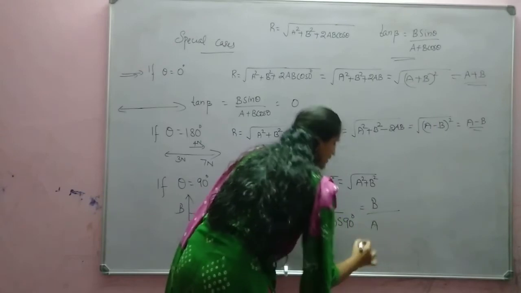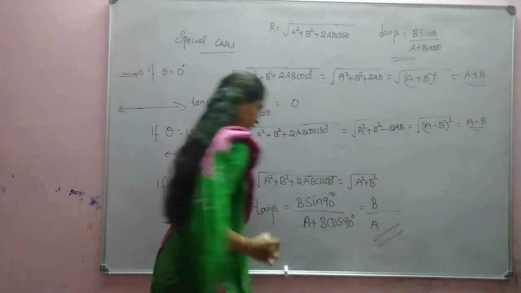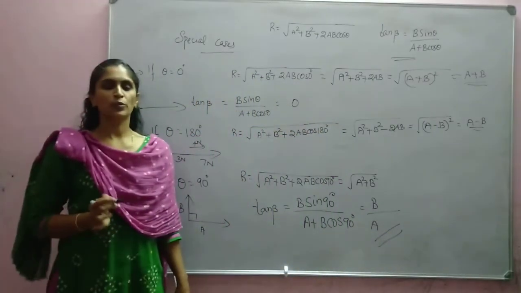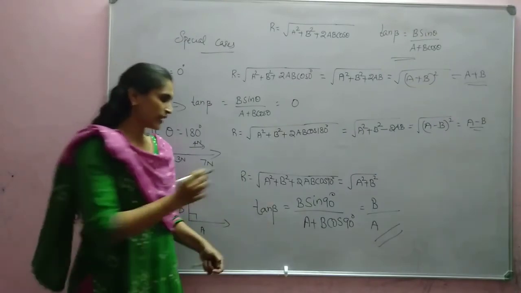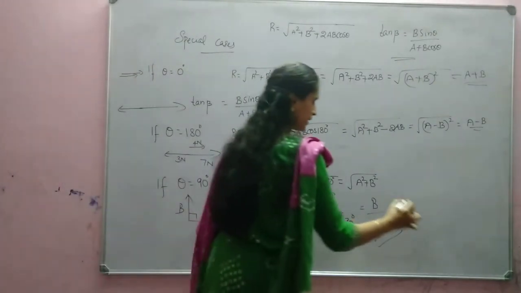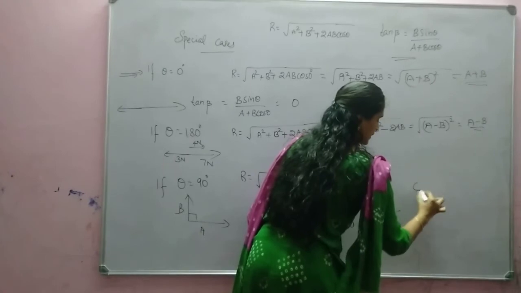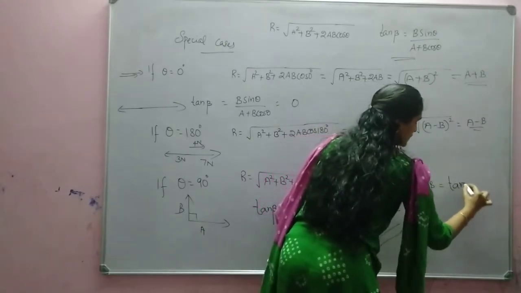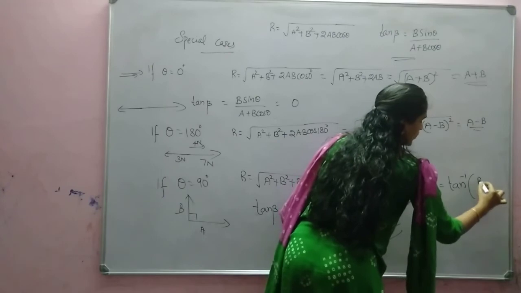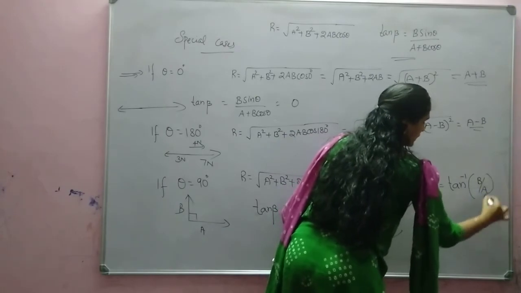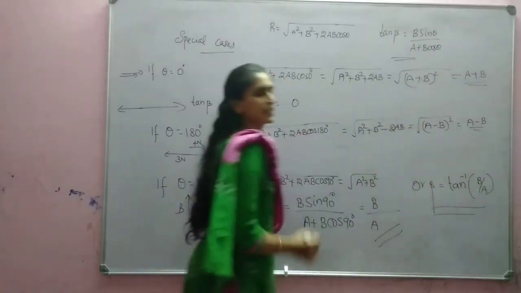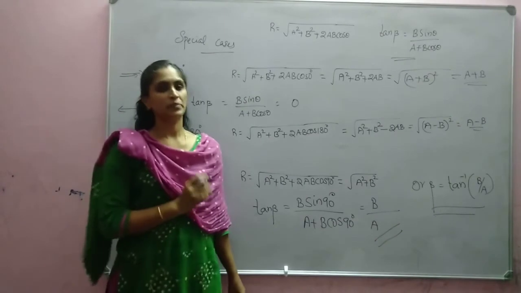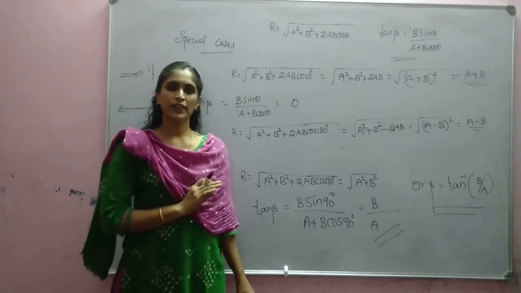Cos 90 is 0. So we will get tan beta is equal to B by A, or beta is equal to tan inverse B by A. Is it clear? Understood, no?